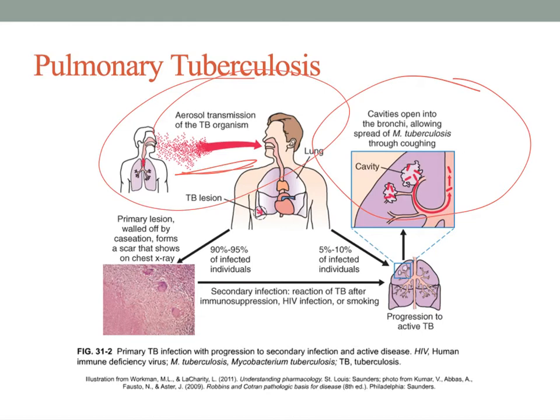However, some people can have active TB, and usually it's people who have poor immune function. HIV patients are at high risk for getting an active TB. Or if somebody has other pulmonary issues already, patients with pulmonary disease associated with smoking are at high risk for an active TB.